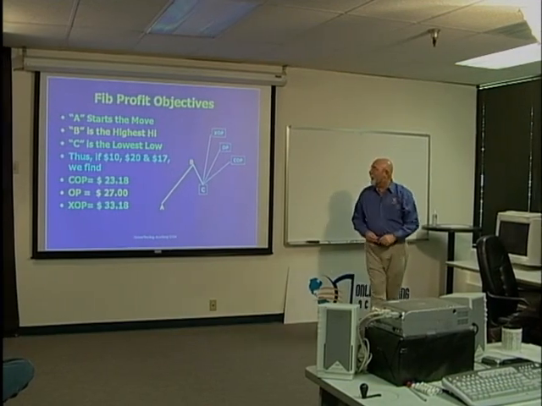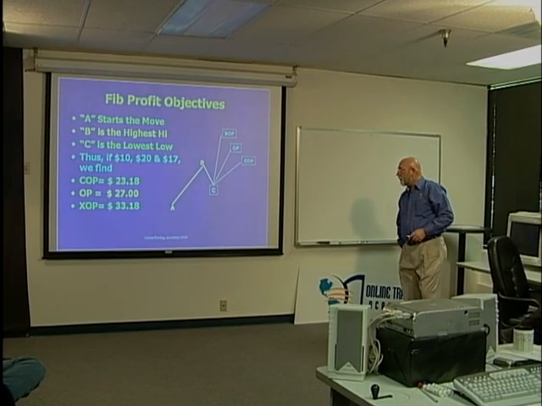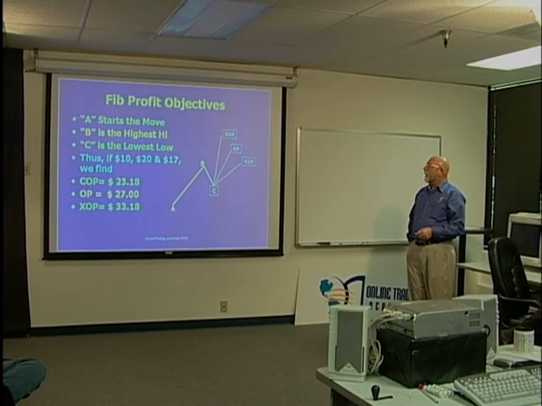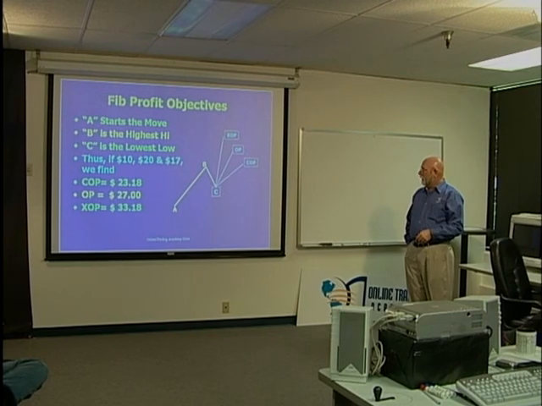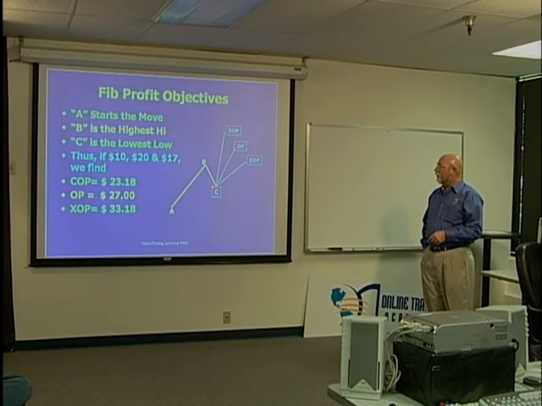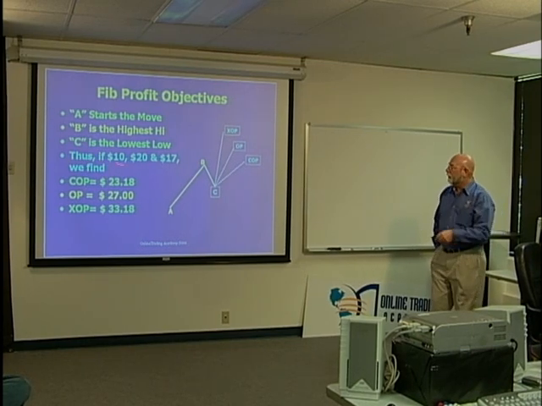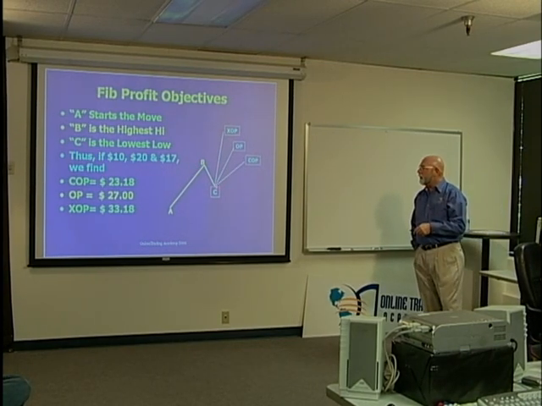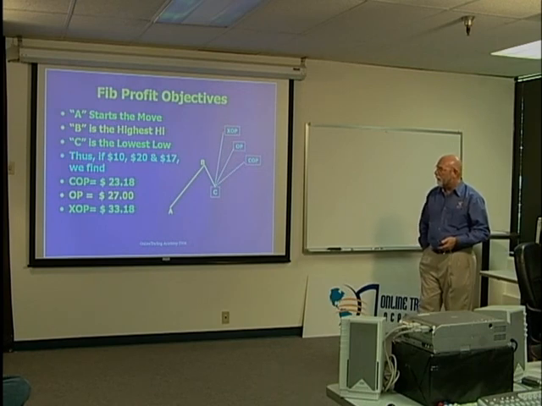Okay, so again, if we're going to set this thing up, we see that A starts the move down here to B, the highest part, and retraces to C. If we put in the numbers 10, 20, and 17, we can do our calculation, alrighty?